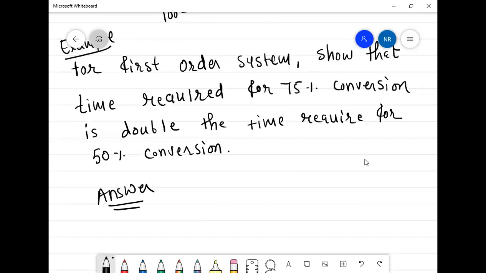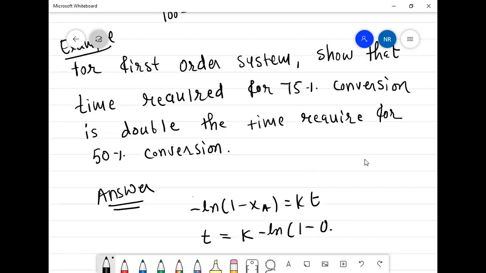Can you tell me the conversion equation for first order system for integral method? Minus ln(1 minus XA) is equal to kt. Then what are the things given? We have to show that time is double. So keep time on one side. t is equal to 1 divided by k times minus ln(1 minus 0.5). Can you give me the answer?